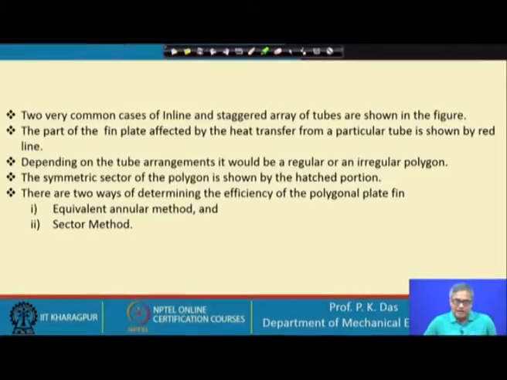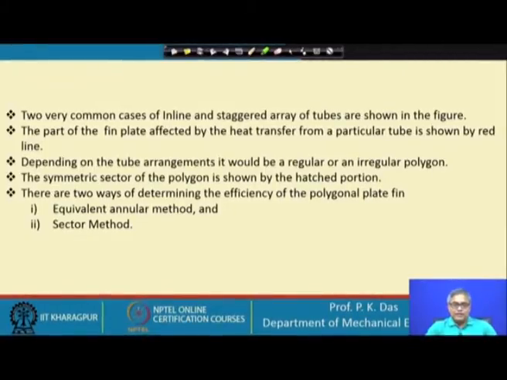The symmetric sector of the polygon is shown by the hatched portion. So, if it is a polygon, then there will be different lines of symmetry, and we will see that there is some sort of a symmetric geometry by repeating which we can get the whole of the polygon. So, that is shown by hatched portion.